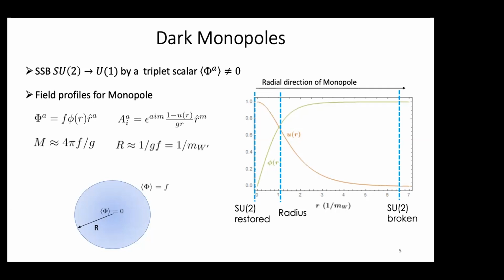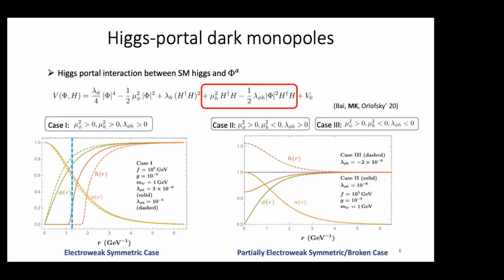Outside the monopole, we have SU(2) broken, and phi acquires some vacuum expectation value, which we denote by F here. And the radius of the monopole is just the inverse of the W boson mass, as shown here.